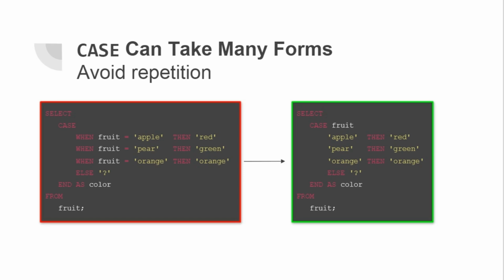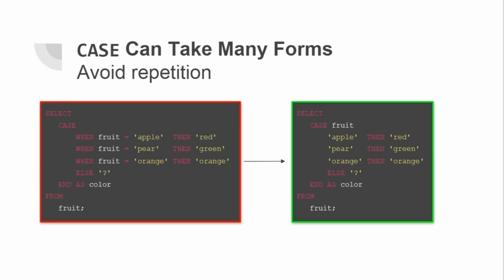So case, we all know case. Case is very useful. We used it before to apply different time zones in our query. And actually case can take many forms. The regular form that we study in university and that you read about in tutorials is the left one. You do case and then a bunch of conditions and what happens in each condition. Like case, when fruit is apple, then red.